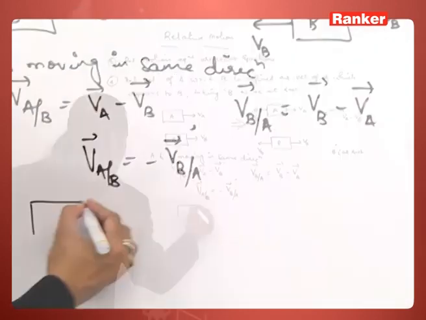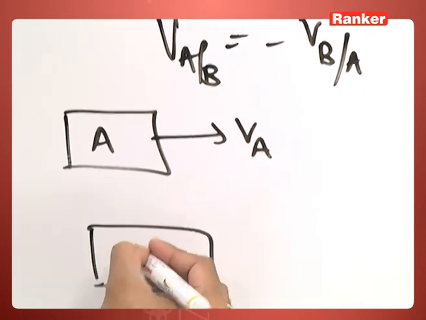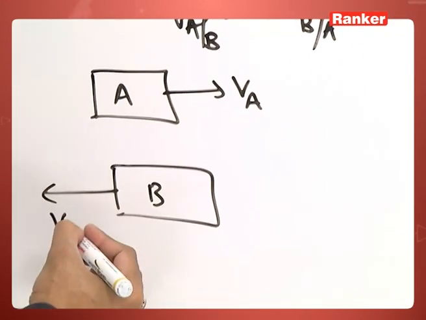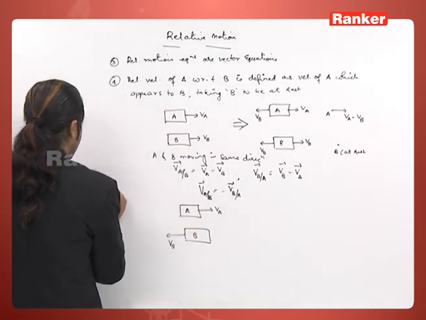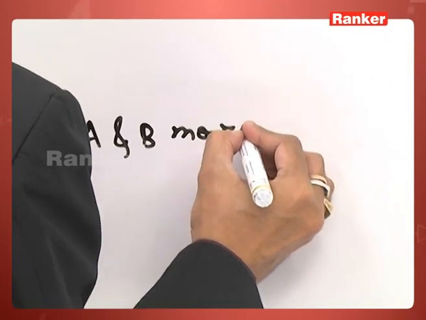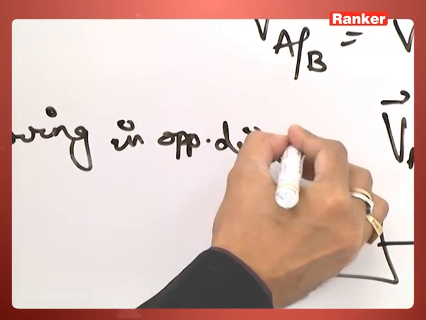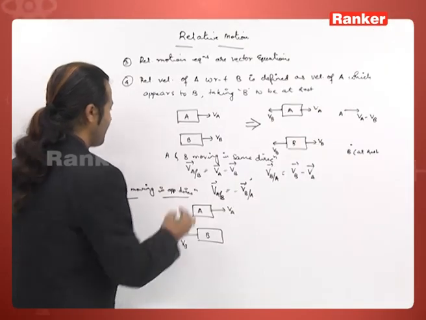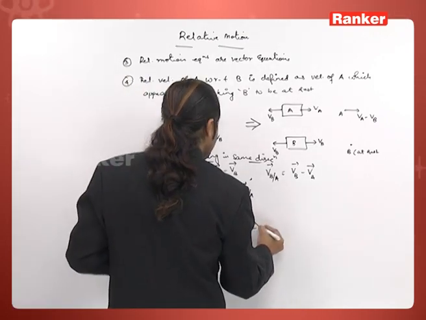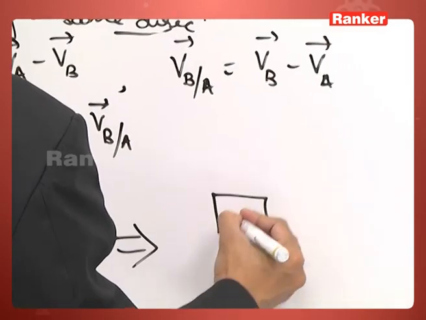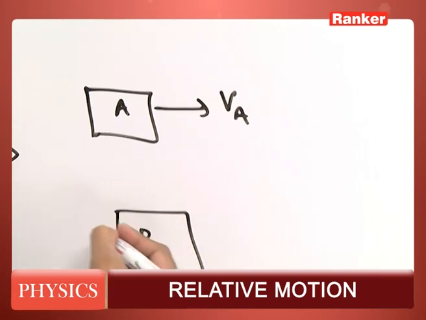Now what happens when A and B are moving in opposite directions? I need to make B to be at rest. So here I write VA, here it is VB.